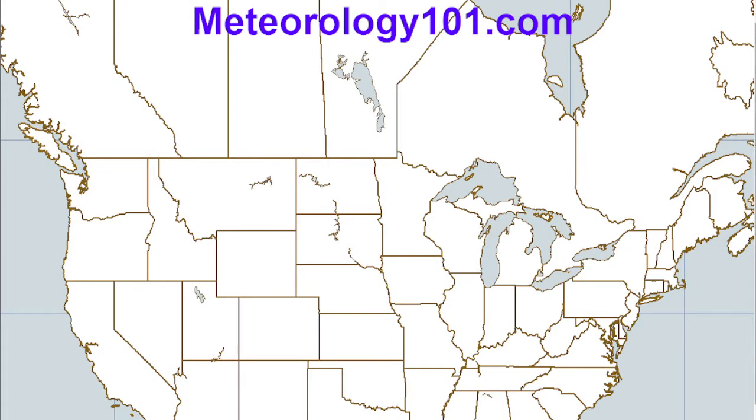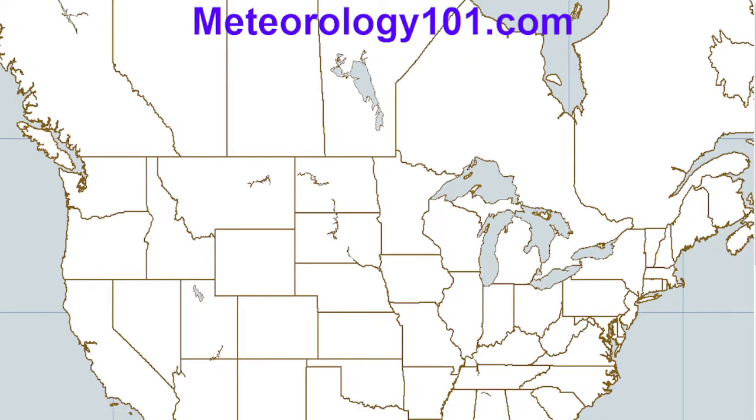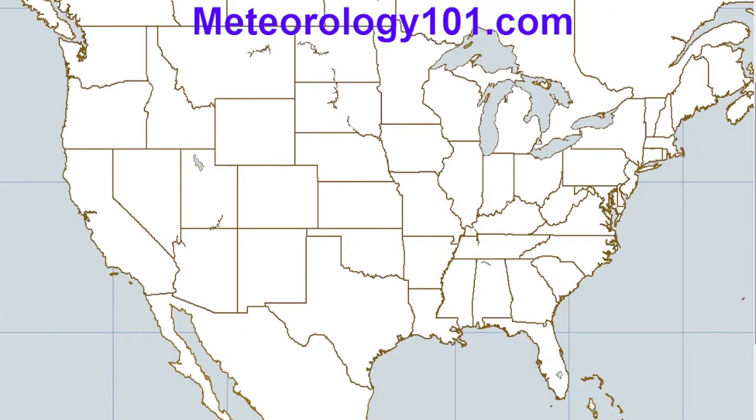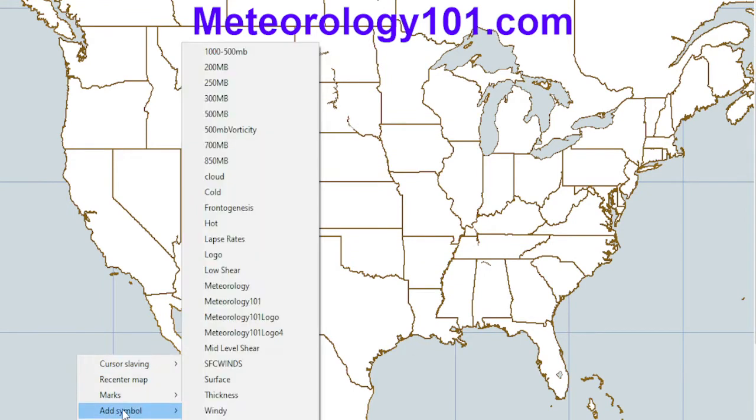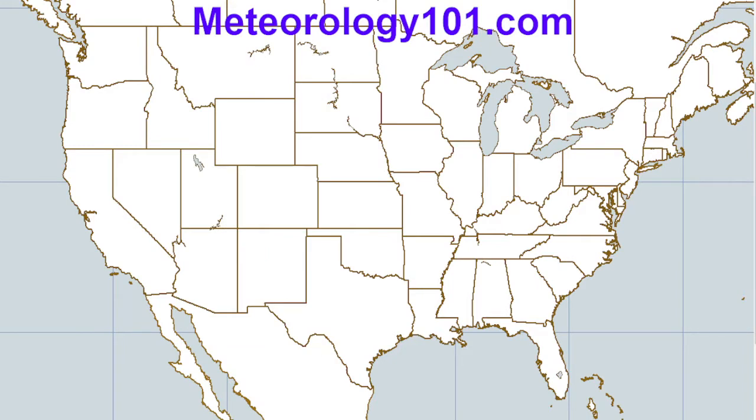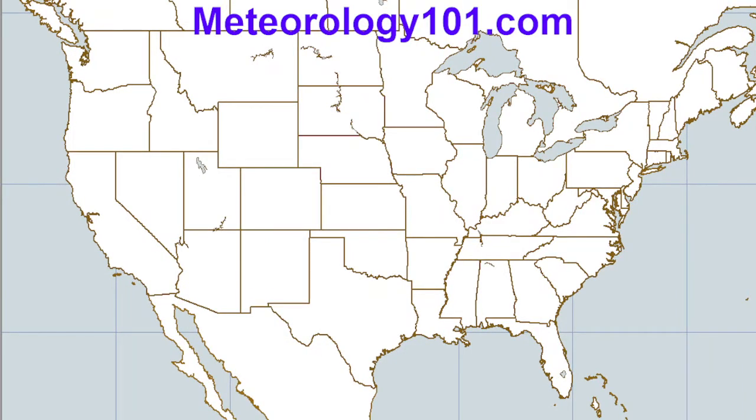Alright, let's get our symbol back on. Now we got a blank chart we can look at, and we are going to go to the 300 millibar.